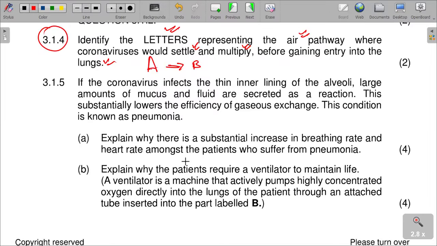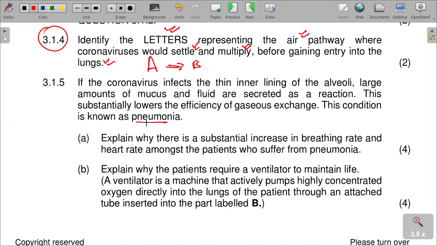3.1.5. If the coronavirus infects the thin inner lining of the alveoli, a large amount of mucus and fluid is secreted as a reaction. This substantially lowers the efficiency of gaseous exchange. This condition is known as pneumonia.